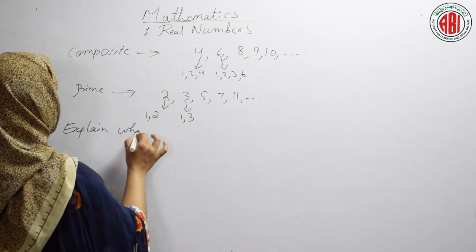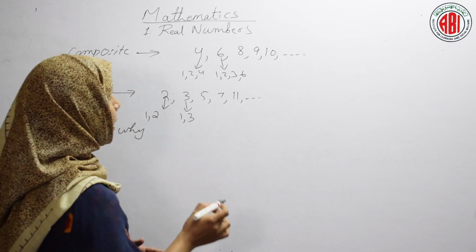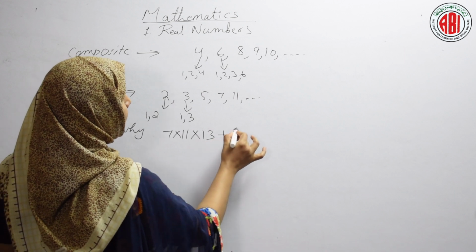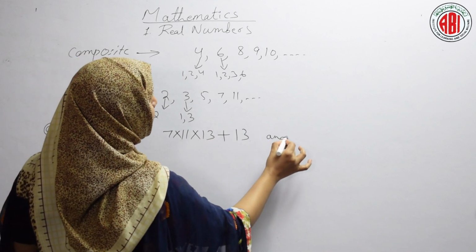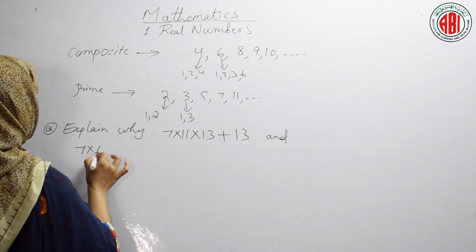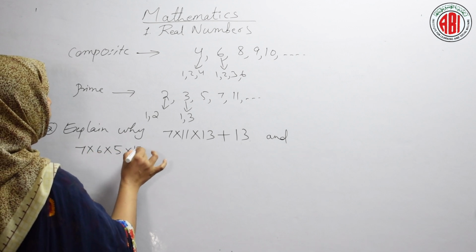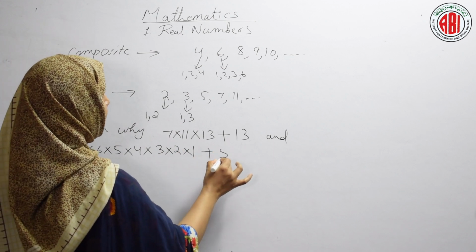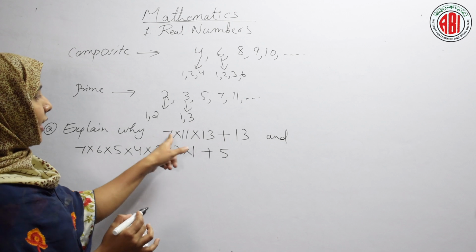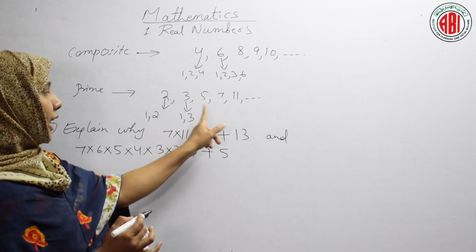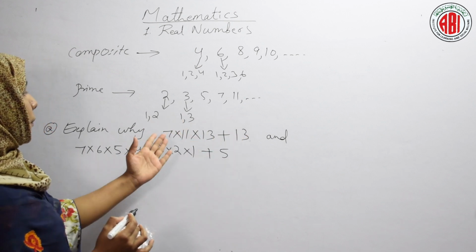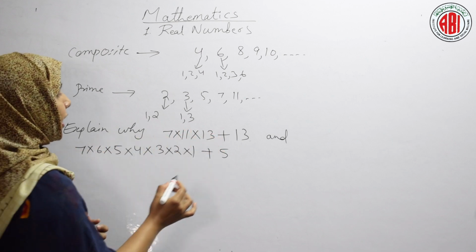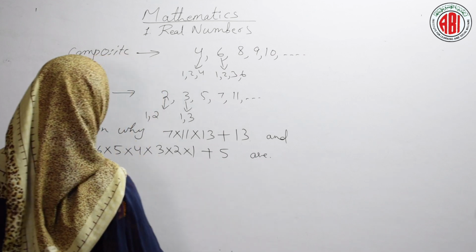You have to explain why these numbers, 7 into 11 into 13 plus 13, and we have one more problem, 7 into 6 into 5 into 4 into 3 into 2 into 1 plus 5, are composite numbers. These are mathematical expressions because they have addition, arithmetical operations, right. So, explain why these are composite numbers.